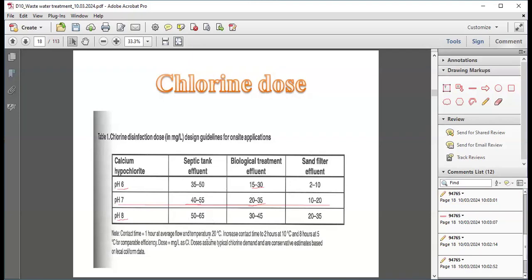Note: contact time 1 hour, average flow temperature 20 degrees Celsius. Increase the contact time to 2 hours at 10 degrees Celsius and 8 hours at 5 degrees Celsius for comparable efficiency. Dose in milligrams per liter as chlorine. Doses assume typical chlorine demand and are conservative estimates based on fecal coliform data.